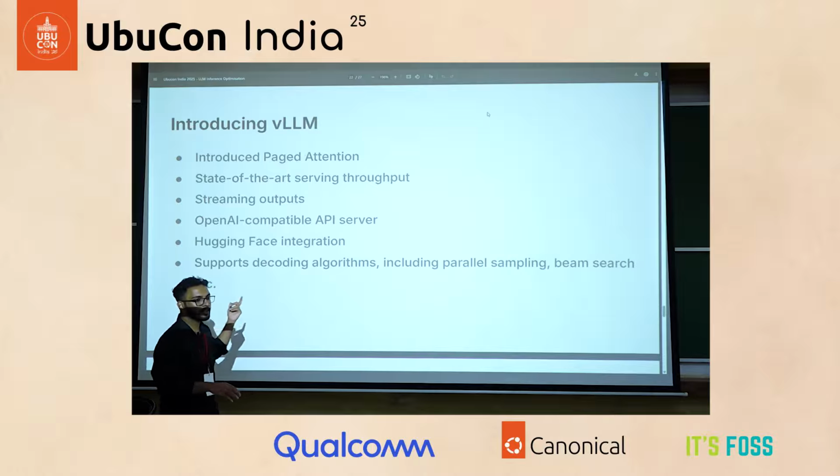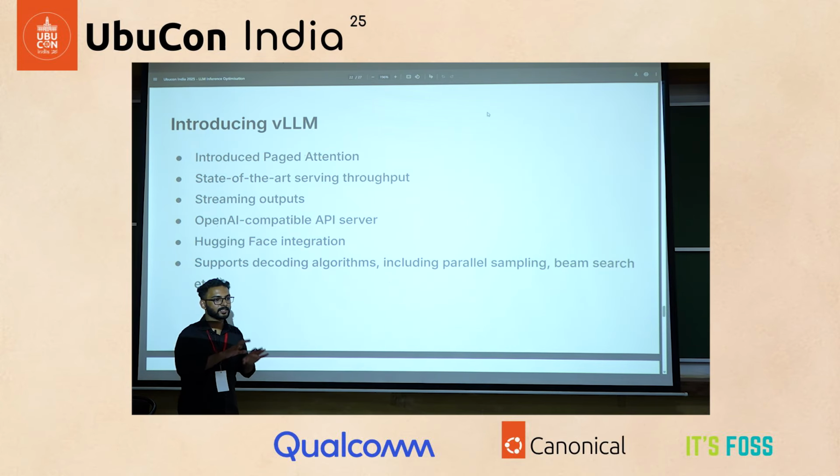So what are the features of VLLM? You have the best SOTA, state of the art performing throughput for a current LLM system, and it also provides both types of output, whether you want streaming output or direct text-based output, and it has an OpenAI compatible API server as well.